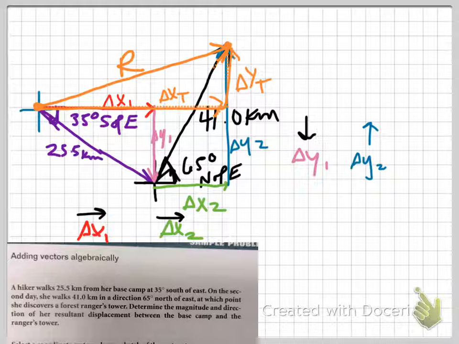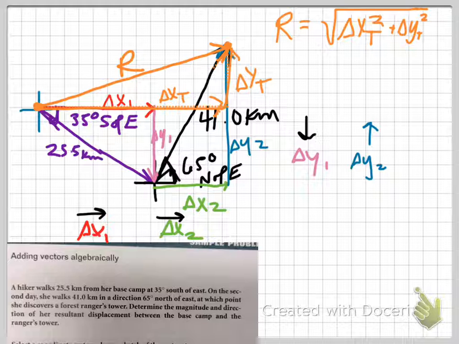Now here's how I always start these. If I can visualize the triangles, then I can do this. And I am color coding because I am a super crazy visual learner, so I love these kinds of problems. The resultant is equal to the square root of delta x total squared plus delta y total squared.